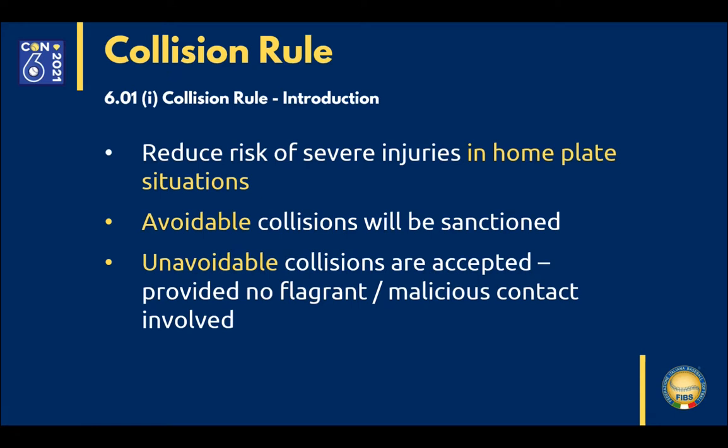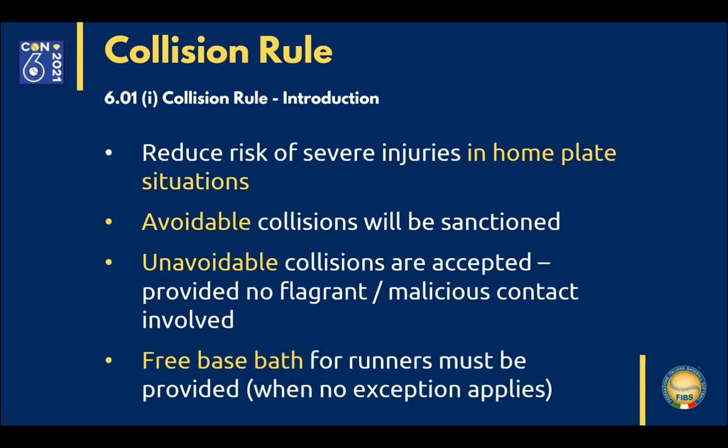Unavoidable collisions, they are accepted, provided, and this is important, no flagrant or malicious contact is involved. And on the other hand, a free base pass must be granted for runners when no exception applies. So these are the four main outlines of the collision rule.